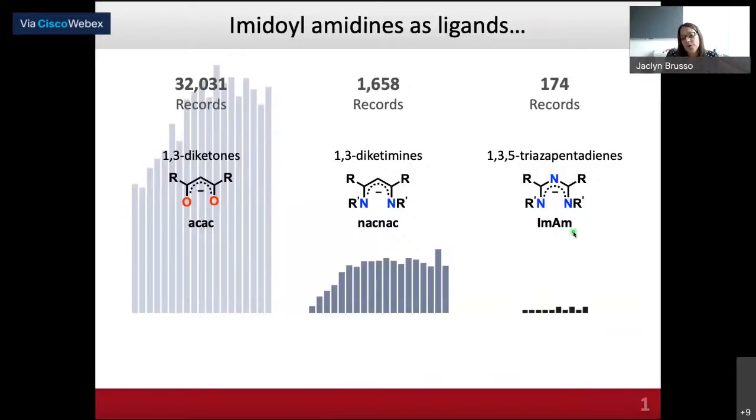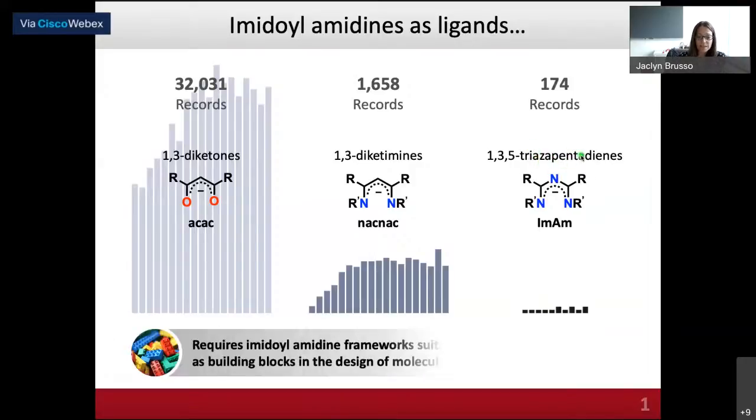We considered this a very untapped area of research, because not only do you have accessible the NACNAC coordination site, but depending on the substituents placed at the carbon atoms, we can incorporate a secondary coordination environment. What this requires is the development of imidoyl amidine frameworks that are suitable for use as building blocks in the development of these extended structures.